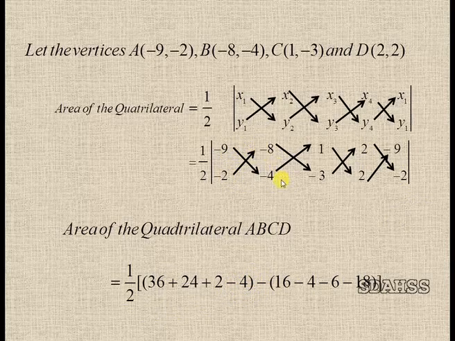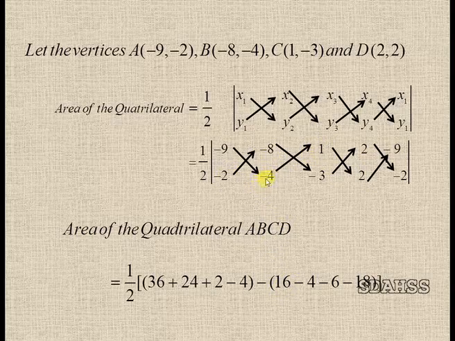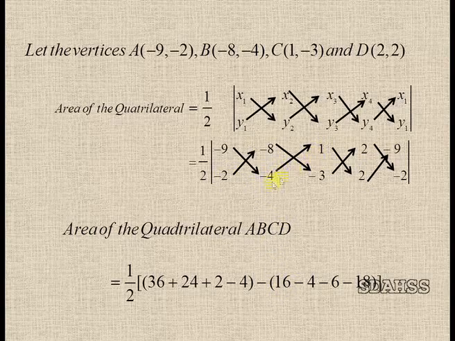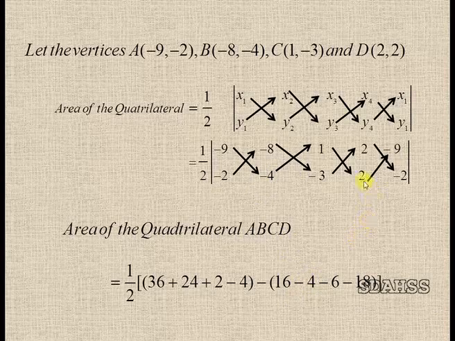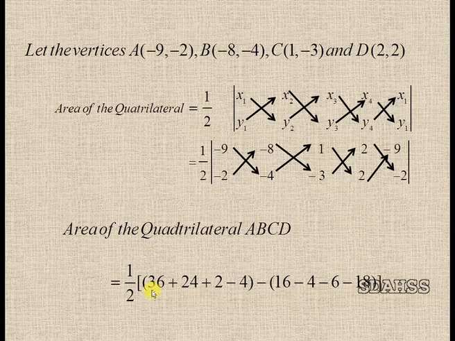Afterwards multiply in this direction. Minus into minus, plus: 2 8s are 16. Plus into minus, minus: 1 into minus 4 is minus 4. Then 2 into minus 3 is minus 6, minus 9 into 2 is minus 18. Then add these three numbers and subtract the fourth one.